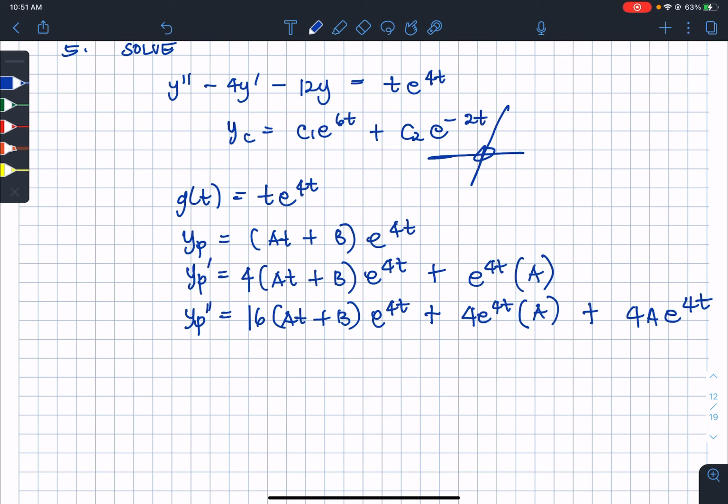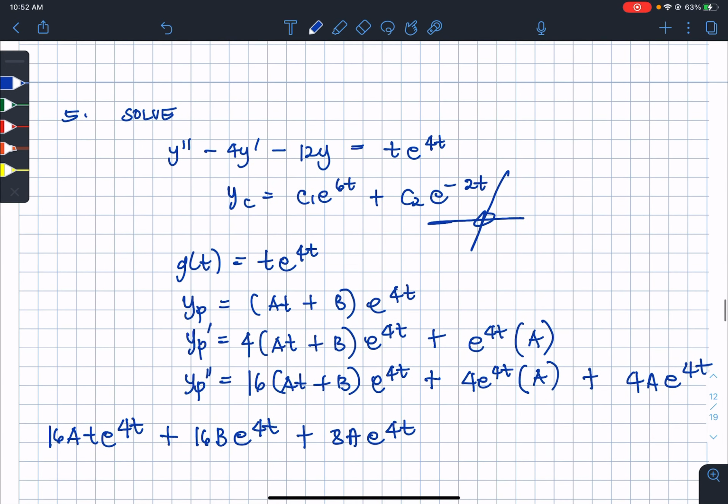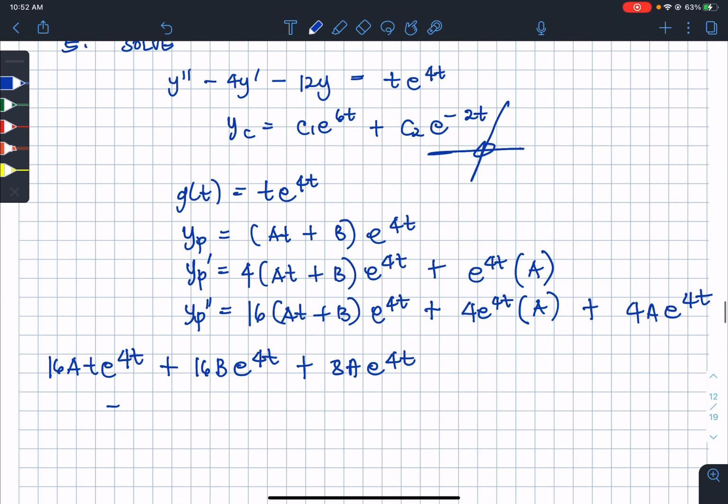So that is 16at e raised to 4t plus 16b e raised to 4t. Then the same for a e raised to 4t, that would be 8a e raised to 4t. And then minus 4 multiplied with y prime.